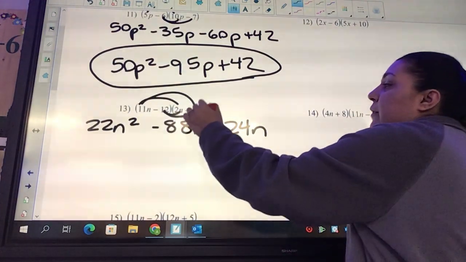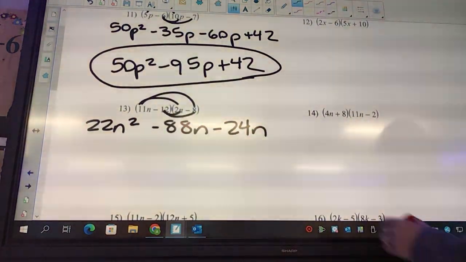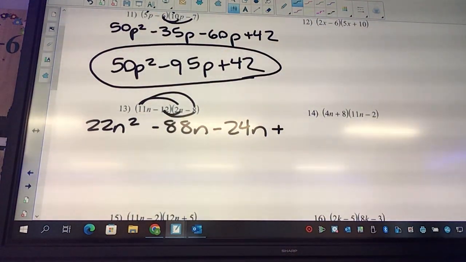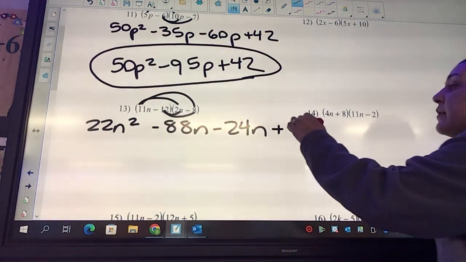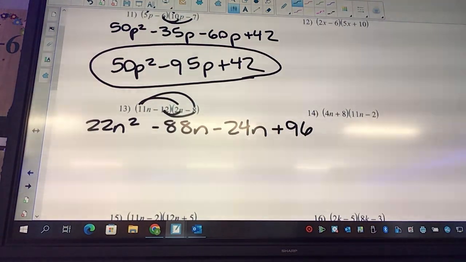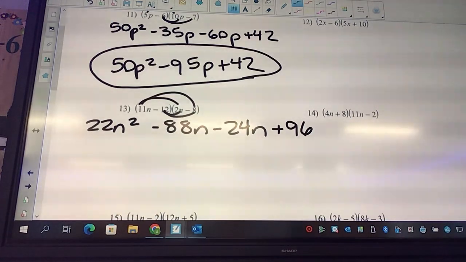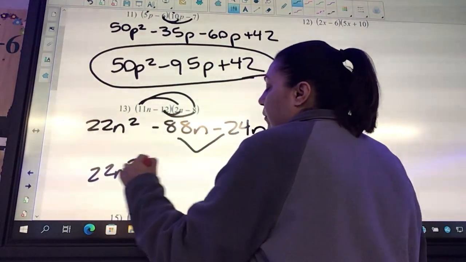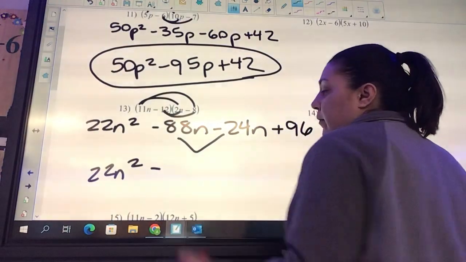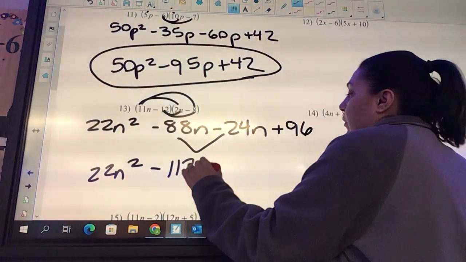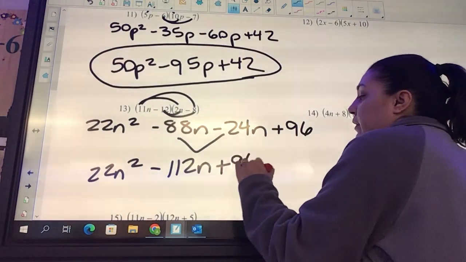And then negative 12 times negative 8, 96. And then what is negative 88 minus 24? Negative 112n plus 96.